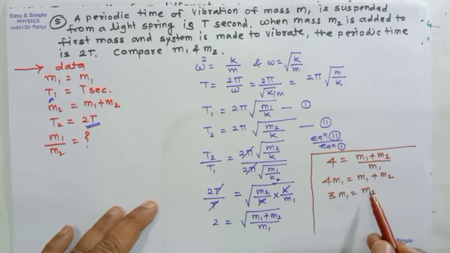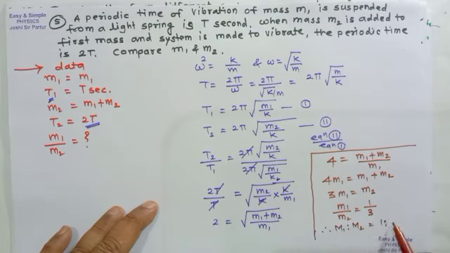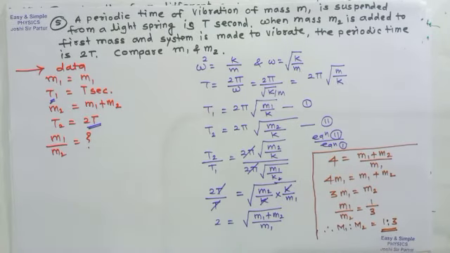So m1 upon m2 will be 1 upon 3. So the masses are compared: m1 is to m2 is equal to 1 is to 3. So the comparison of the two masses becomes 1 is to 3.